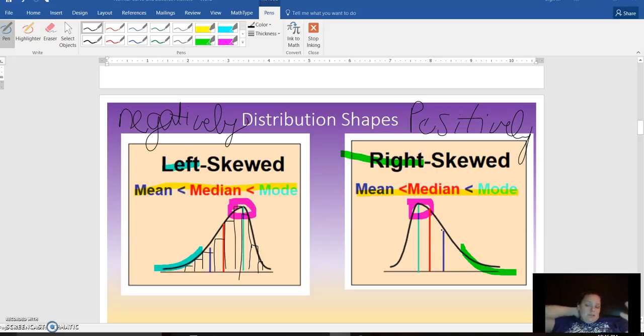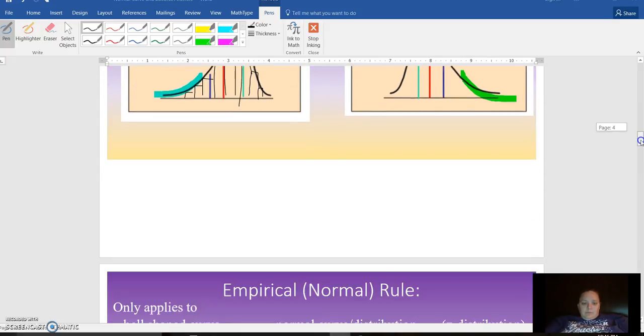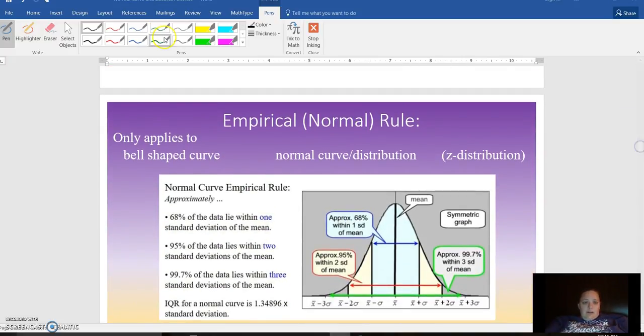All right, so right now, we'll get back to these two kinds, but just know that negatively and left skewed are the same, positively and right skewed are the same. And we're going to focus on the normal curve, normal distribution, bell-shaped curve. We'll learn later it also works for the Z distribution because of z-scores.